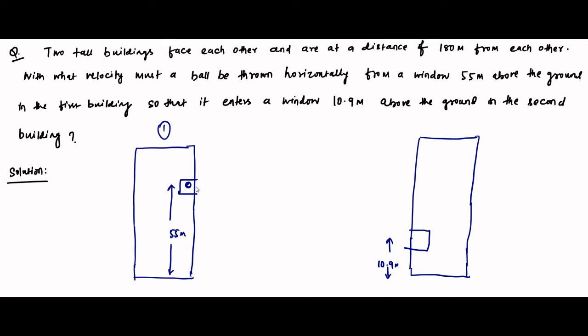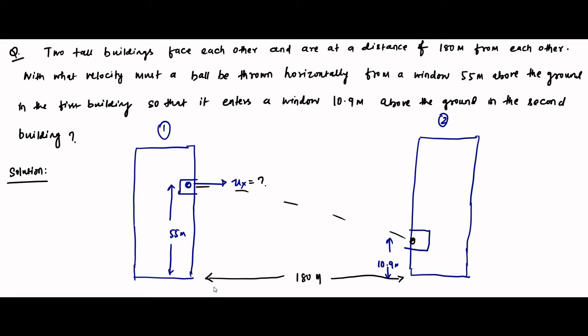So we want to throw a ball from the first building with a horizontal velocity, and we want to make sure that it exactly enters the second building. We want to determine with what horizontal velocity the ball must be thrown, and the separation distance between the two buildings is equal to 180 meters.